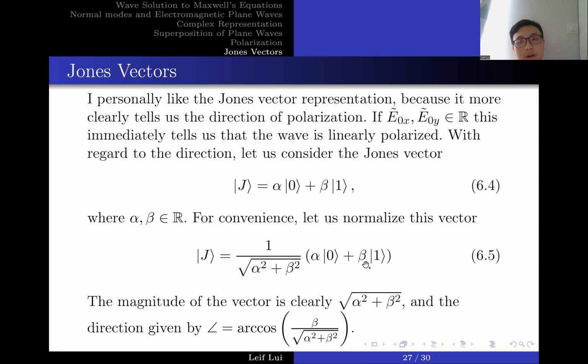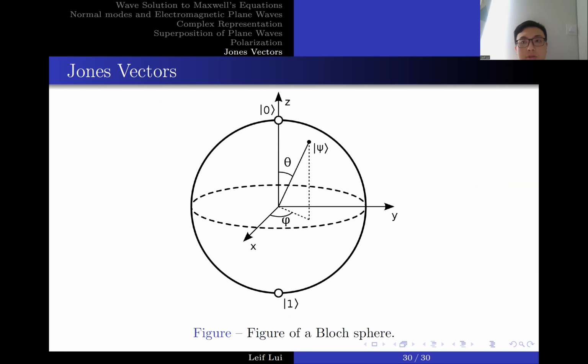So let us say alpha and beta are not only real numbers, let us make them complex numbers. Then every single Jones vector, like in quantum mechanics, can be represented on the surface of a Bloch sphere.